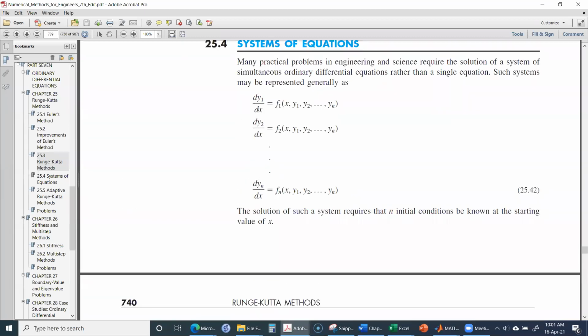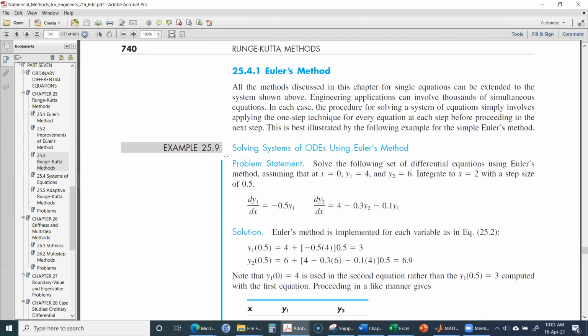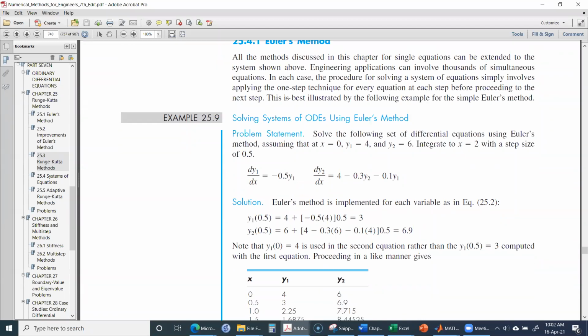These equations can also be solved numerically, by one of two approaches. One approach is Euler's method, where we apply Euler's formula to solve the equations.